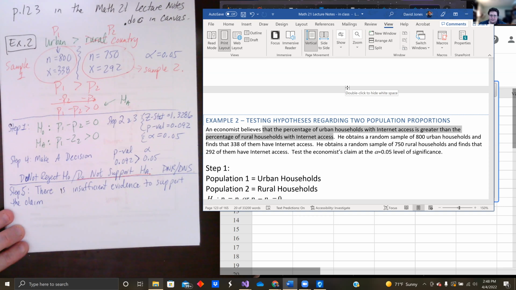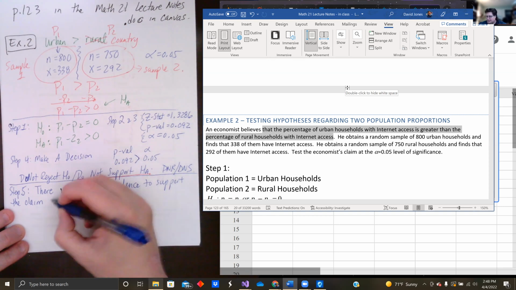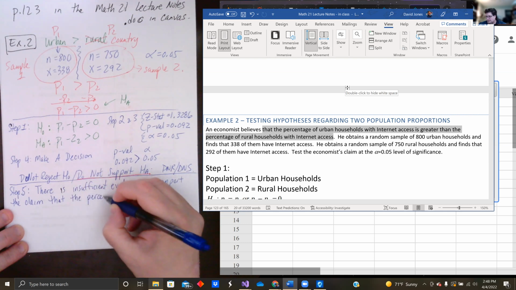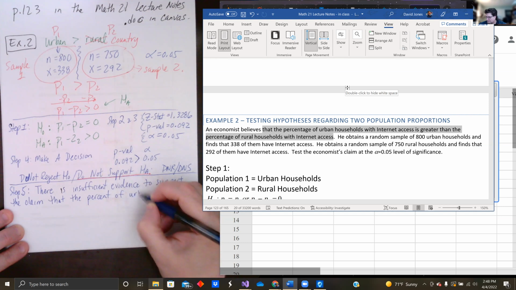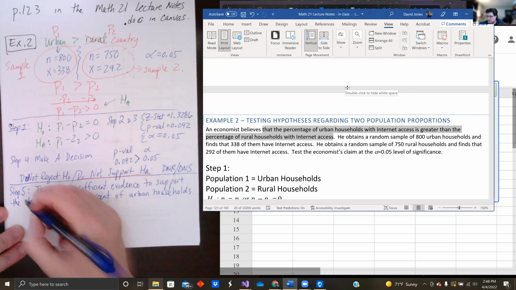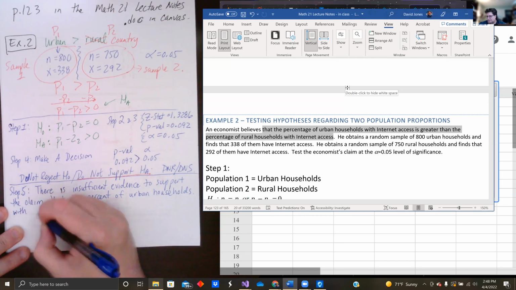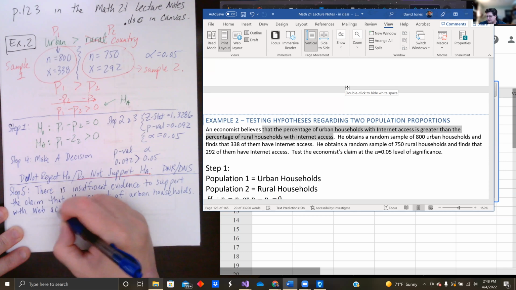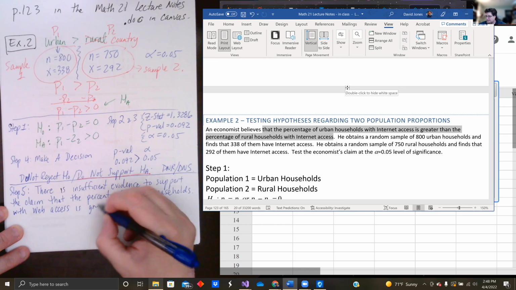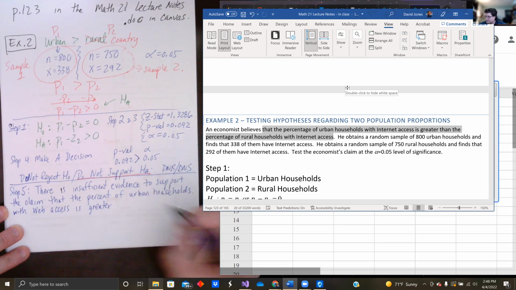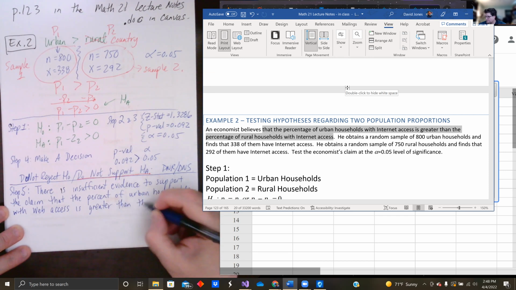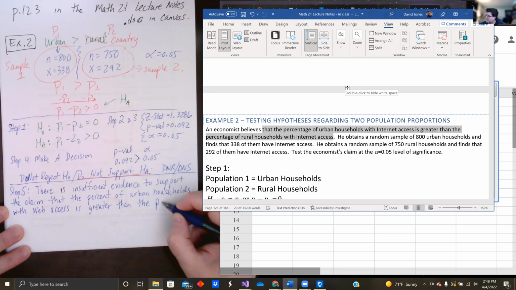There is insufficient evidence to support the claim that the percentage of urban households with internet, I'm going to say web access, just to shorten the words a little bit, is greater than the percentage of rural country.